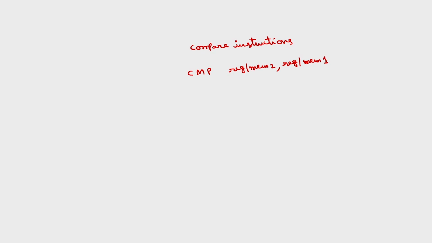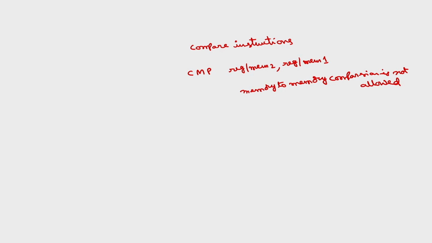We can compare 2 registers. Here also memory to memory operation is not allowed. Memory to memory comparison is not allowed. So one must be a register. So we can compare one register's contents with one memory, or we can compare 2 register contents.